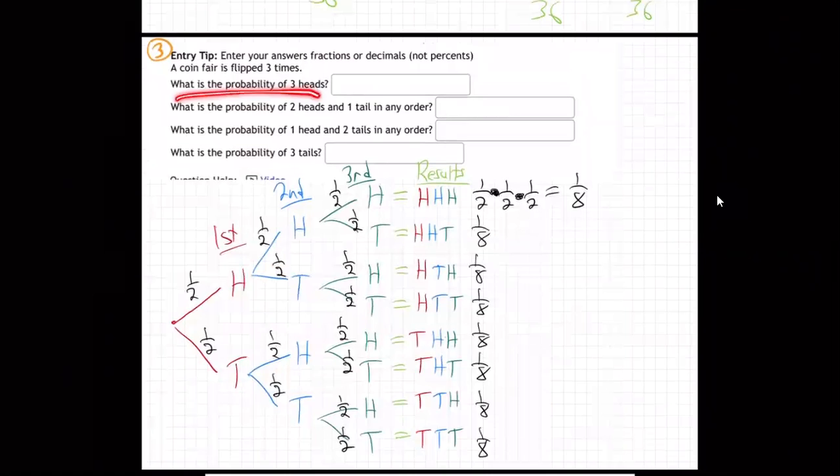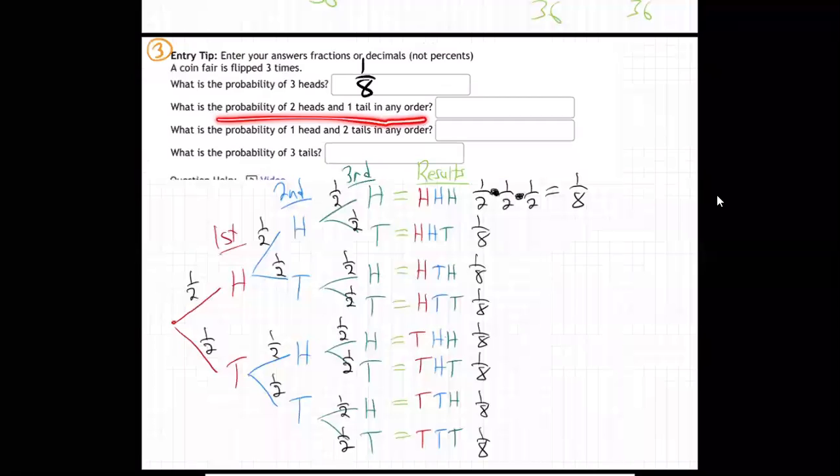What is the probability of getting 3 heads? 3 heads, right there, 1/8. So the chance of that is 1/8. What's the probability of 2 heads and 1 tail, any order? Oh, okay. So that's a little bit of a different question. 2 heads, 1 tail, any order. Well, here's 2 heads, 1 tail.